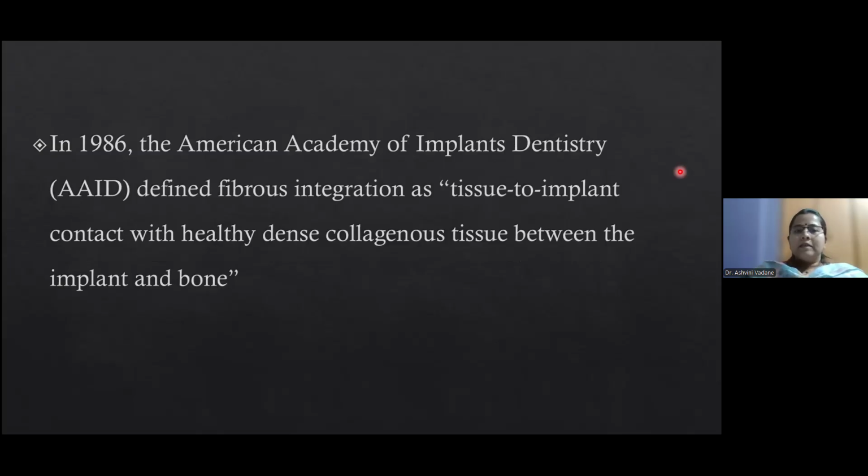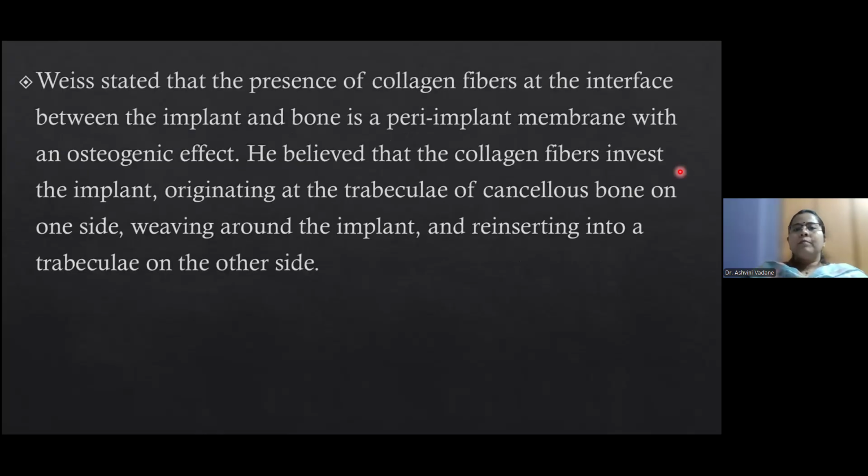In 1986, the American Academy of Implant Dentistry defined fibrous integration as tissue to implant contact with healthy, dense, collagenous tissue between the implant and bone. Then Weiss stated that the presence of collagen fibers at the interface between the implant and bone is a peri-implant membrane with osteogenic effect.